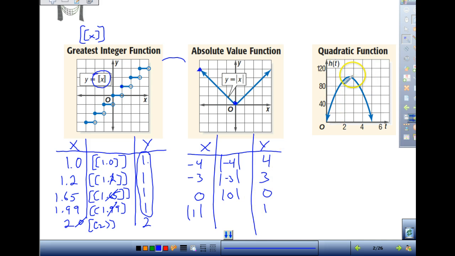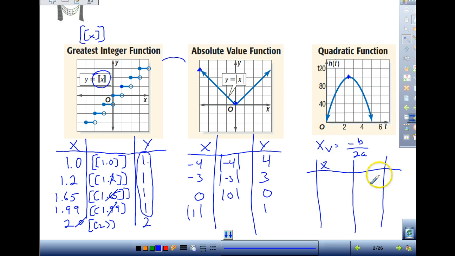Quadratics are a little bit different. You generally want to have a center point, or the middle of the graph, called the vertex. We had several ways of doing this. This was the first one: -b over 2a. Then X, Y. And whatever value I got here, I'd start my center of the table right there.